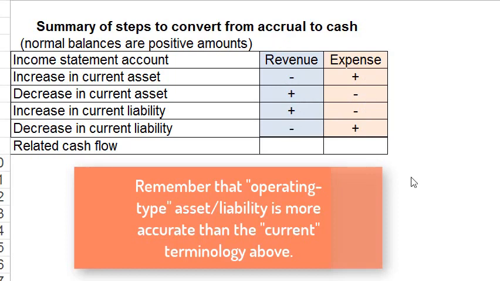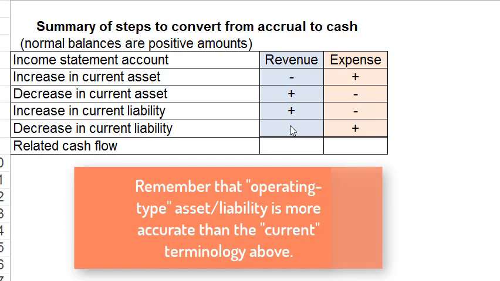Now, if a company were actually preparing the operating section of a statement of cash flows using the direct method, they would use some little chart like this, and they would actually have to look at every single income statement account and do this type of flop to get that number for the operating section of their cash flow. Remember, they're not going to look at every single transaction in the cash account because generally there's way too many to go through that type of process. In our case, I would just like you to be able to do an accrual to cash flop for various accounts.